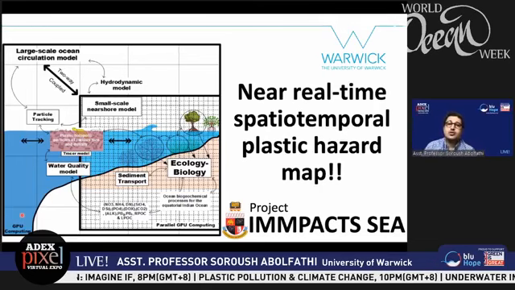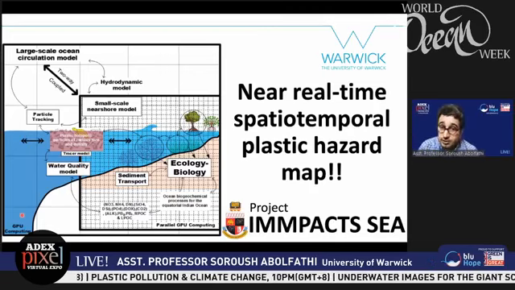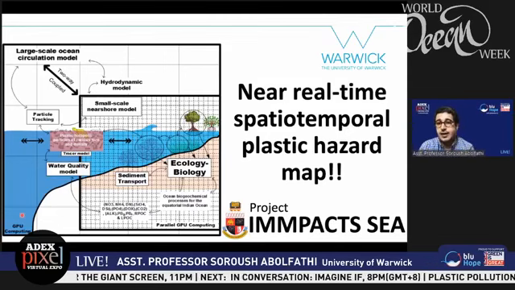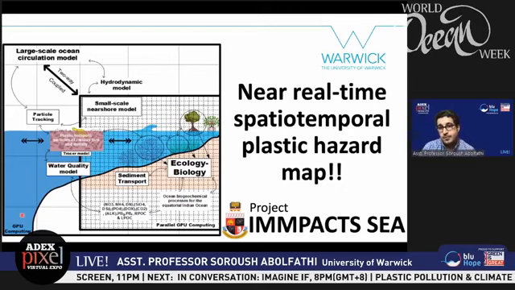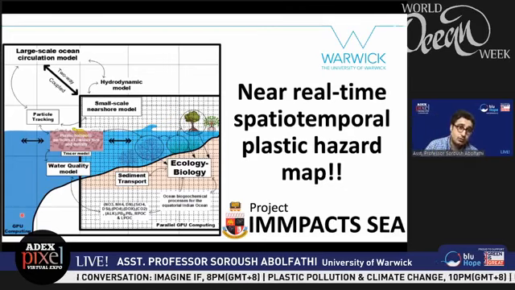So we are going to create this plastic hazard map, which will help local authorities, government, environmental agencies, and the people to understand the water quality in the region, and also understand what it means in terms of the impact on their ecosystem, and so on. So I think that's the end of my talk. I'm going to finish here, and I hope it was useful.